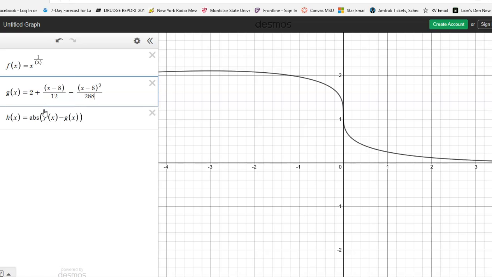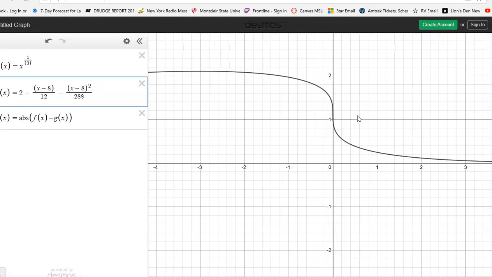All right, and now I'm going to look at the absolute value of f of x minus g of x. So I want to look at the difference between the cube root of x and the Taylor polynomial that I've come up with, and I want it on the interval between 7 and 9. Remember, our original question was, what is the error on the interval between 7 and 9?